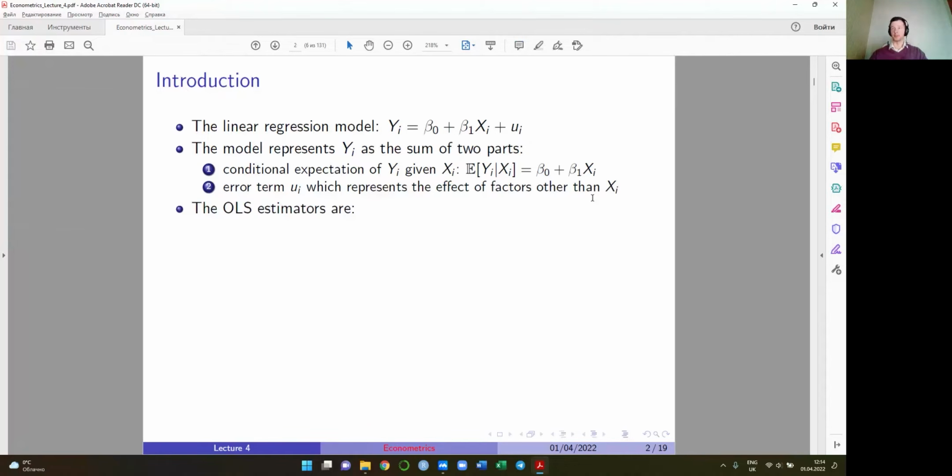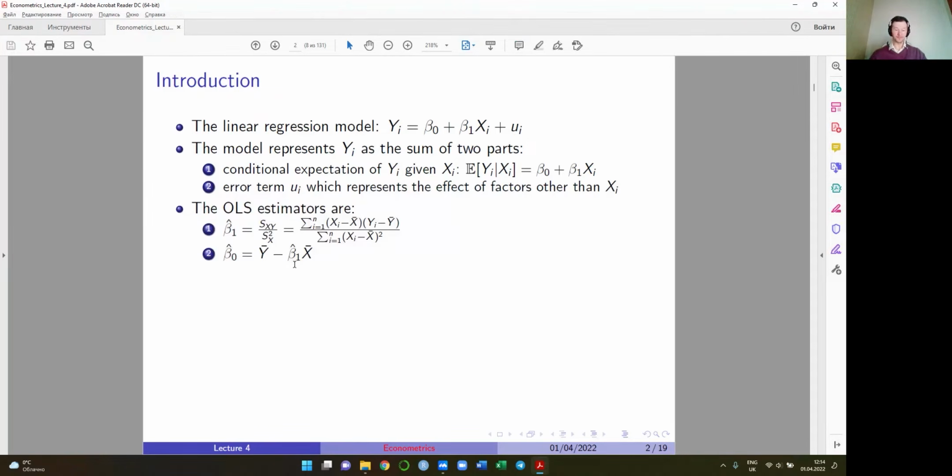But the method for deriving the estimators is called ordinary least squares, and we derived that with the help of data, we can estimate beta 1 with the following estimator. So based on the data, we can get the following number, and beta 0 can be estimated in the following way.